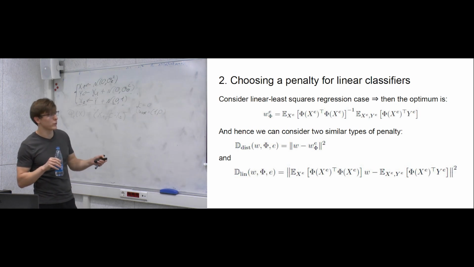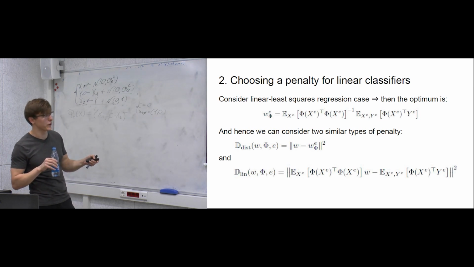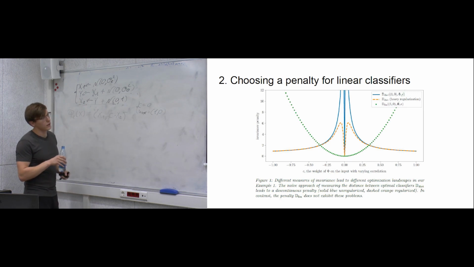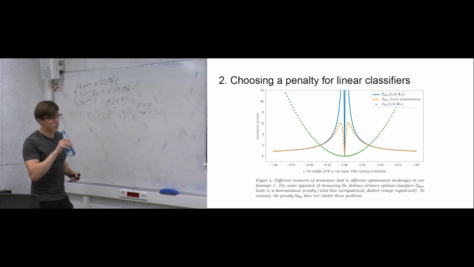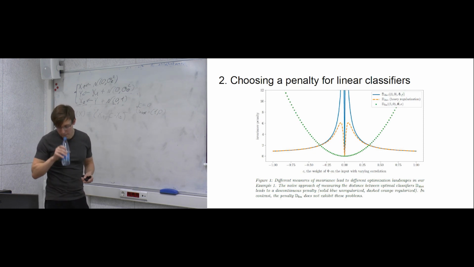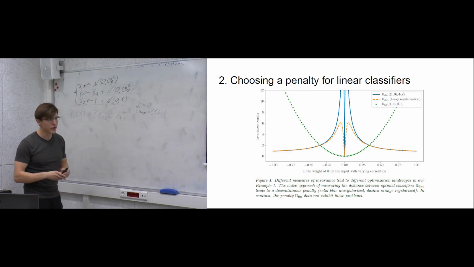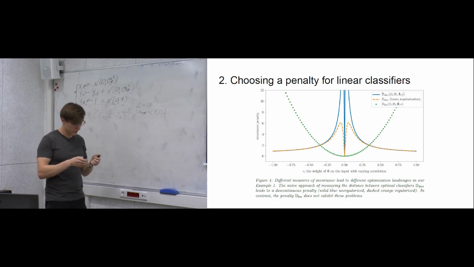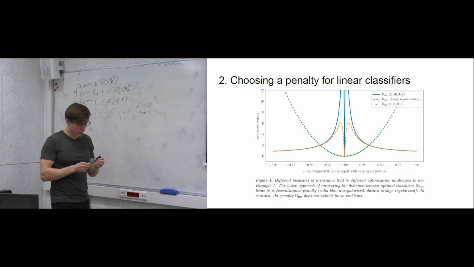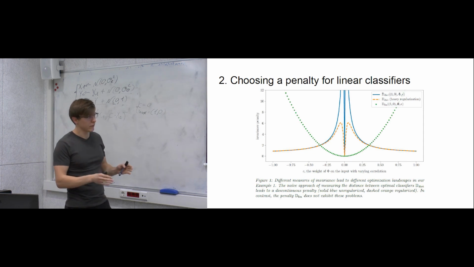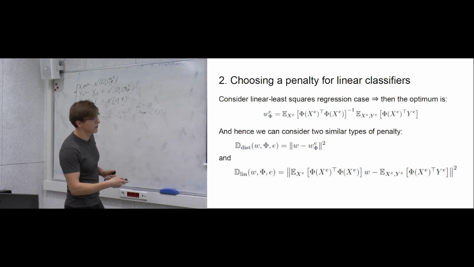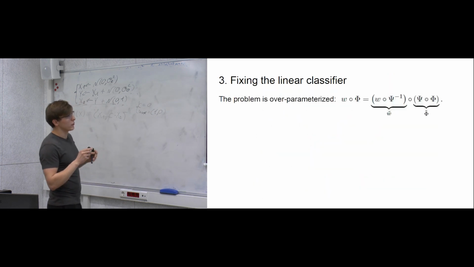Basically because we got rid of the matrix inverse here, but the authors also provide some graphical intuition on that. Okay, so now we have a regularized optimization problem with linear classifiers, and our penalty would have this form. We go on.